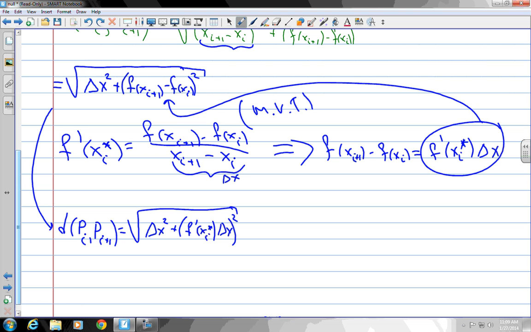Is that okay? So I can do some factoring. I can factor delta x squared out and then take it out of the square root. I'll end up with the square root of 1 plus f prime of x sub i star squared, times delta x outside the square root. Is that okay? See what I did? I factored out delta x squared and then took the square root of it, so it came out clean.